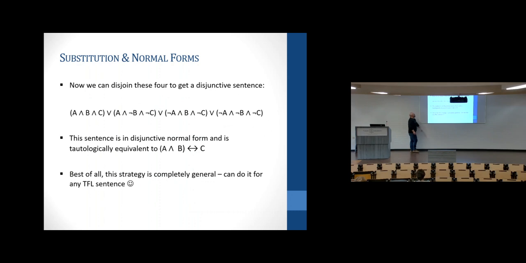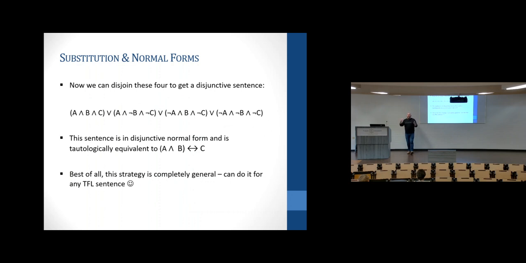So this, not really that scary of a sentence, long, but fairly straightforward, is guaranteed to be tautologically equivalent to our original target. And note, there's nothing specific about this target. You can do this with any TFL sentence.